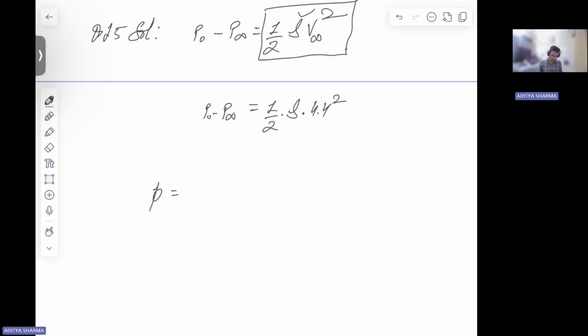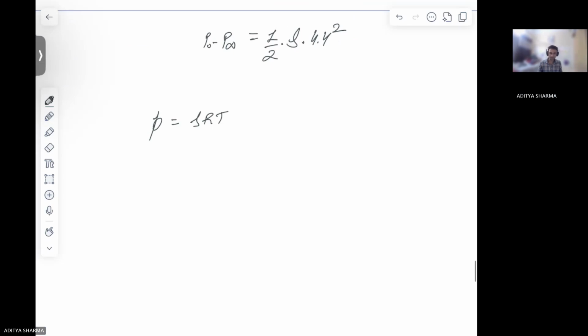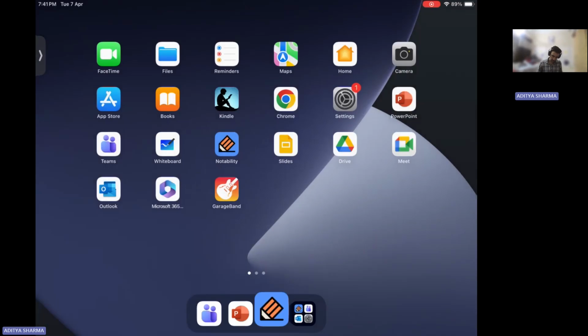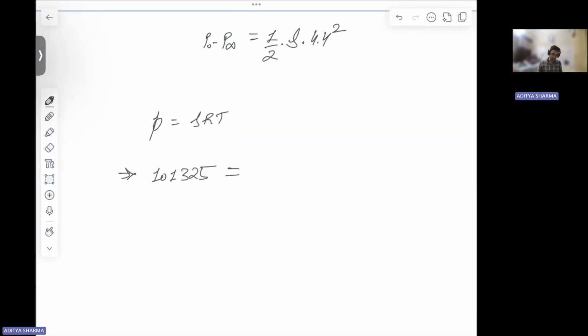Then pressure is equal to rho RT. Now if you see the question, temperature is given, pressure is given for the airstream.